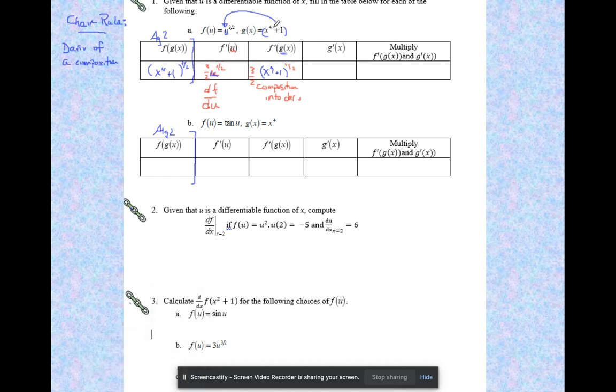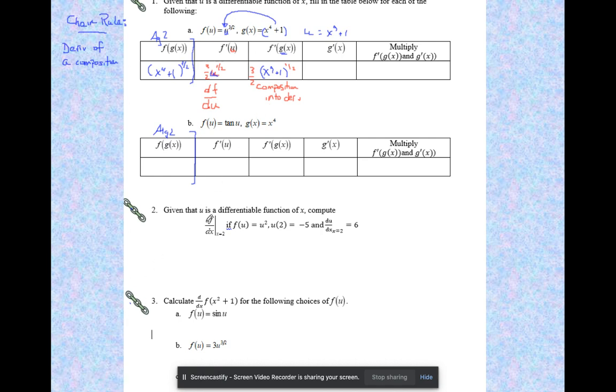Now, remember what you did with the composition was that you put g in place of u, right? So I could say u is equal to x to the fourth plus 1, right? Because I put it in place of u.